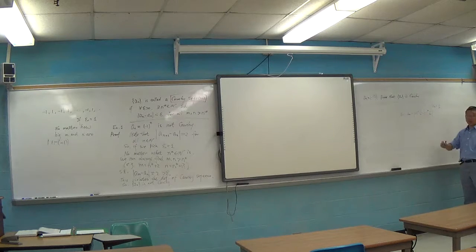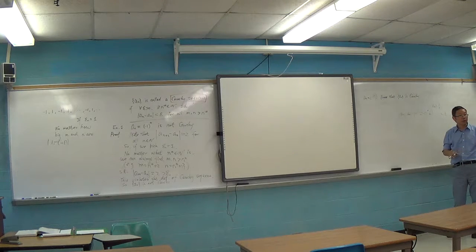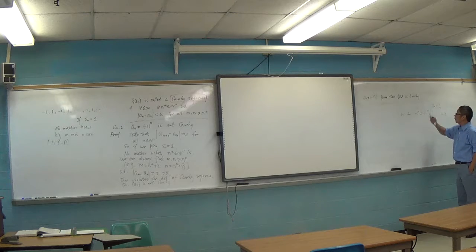When you show that this one is less than some epsilon, for any given epsilon, there exists n star such that this is true whenever m, n are greater than n star.